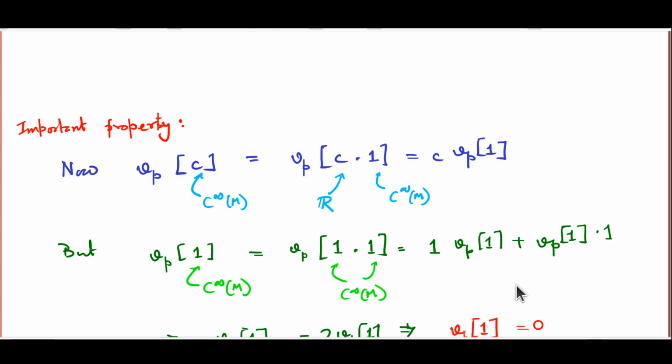Here note both the ones are actually smooth functions, not real numbers. Of course, a function which returns 1 at all points multiplied by itself will also give you the same function. But now we can use the derivative property.